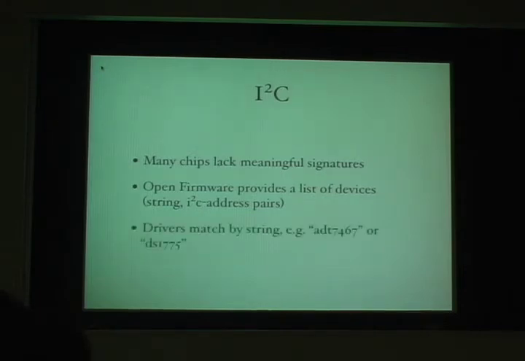And drivers match by string. For example, ADT 7467 is a string provided by Open Firmware, and some driver will use this string to decide if it supports this device or not.